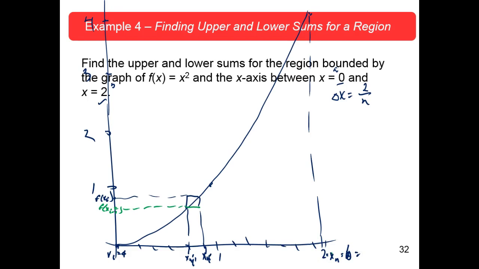That's your x value, and there's your f, and your f of x sub n, which is f of 2, is equal to 4, because 2 squared is equal to 4. Does that make sense? The height of the rectangle is your function, and the width of it is your delta x. So this is your delta x, and this is 2 over n, whatever your n happens to be.